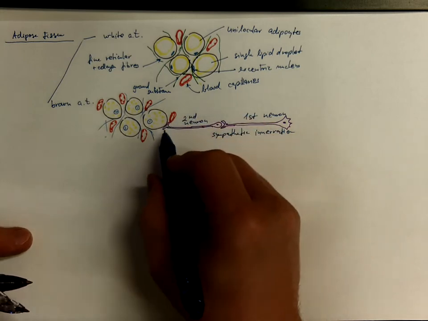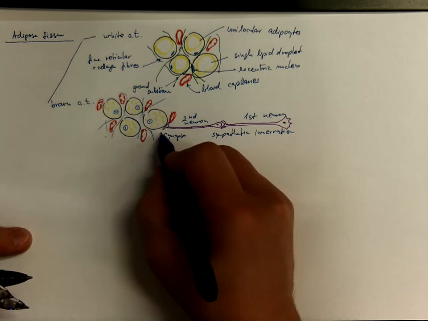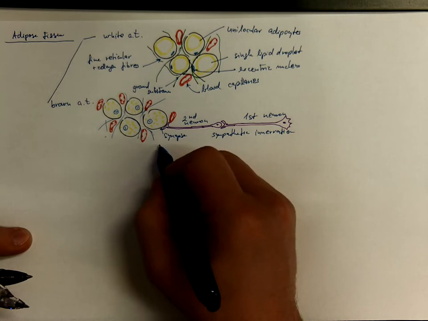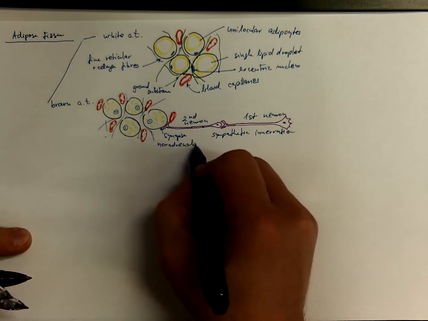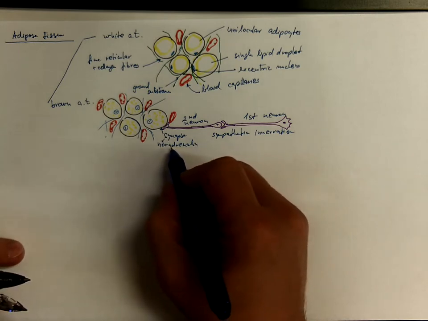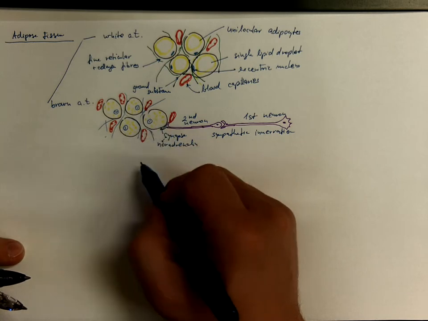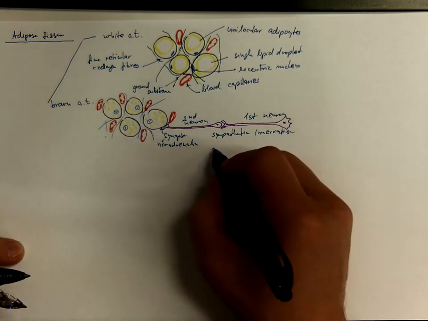Then there is a synapse here releasing a neurotransmitter called noradrenaline, and the response upon adrenaline is burning the lipids and producing heat, which is called non-shivering thermogenesis.